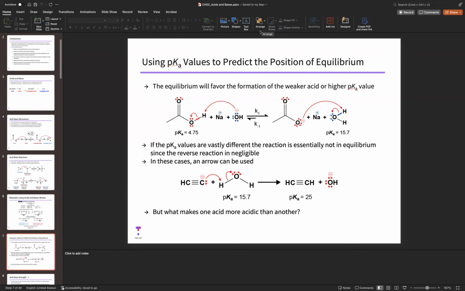Okay. Why is the product side? Because you said the larger, the weaker. The larger the pK, the weaker the acid. So here, this is the weaker acid. And this is the stronger acid.